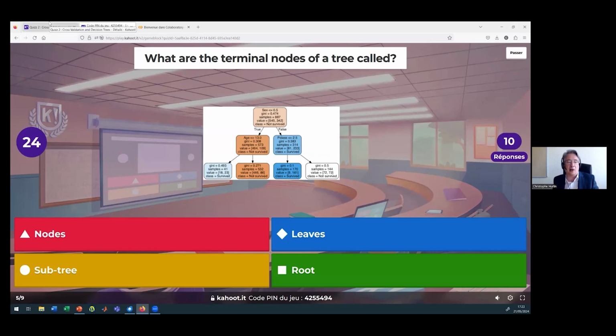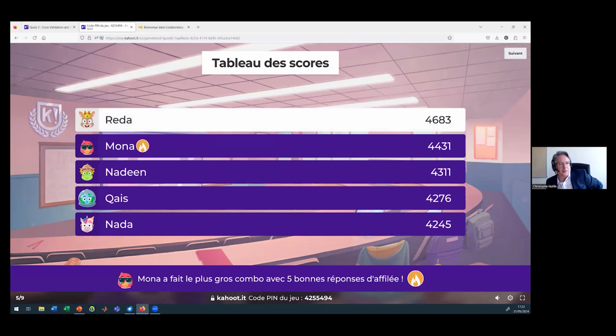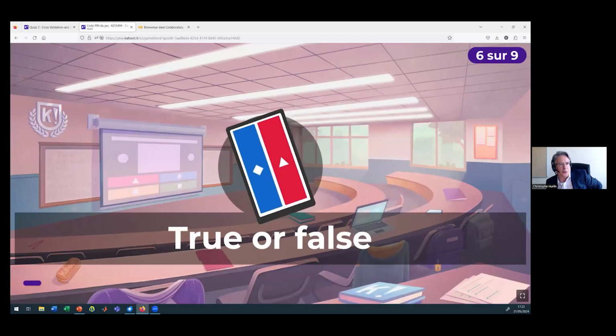What is the name of the terminal nodes? This is the leaves. The leaf.